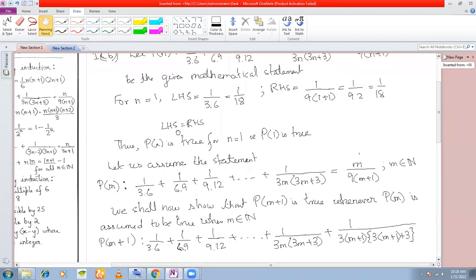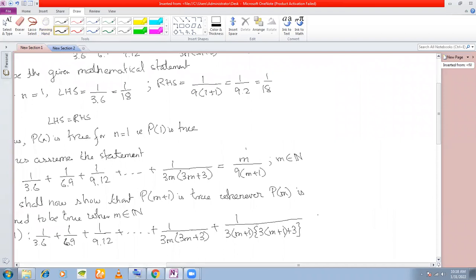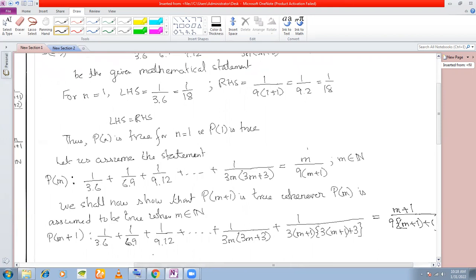Which is equal to m plus 1 divided by 9 times m plus 1 plus 1. This is what you have to prove, right? So you have to prove this statement, Pm plus 1, assuming this to be true. Okay. So whenever we assume a statement, we start with this statement. So we start with Pm.